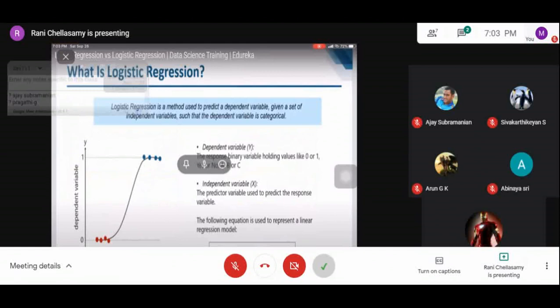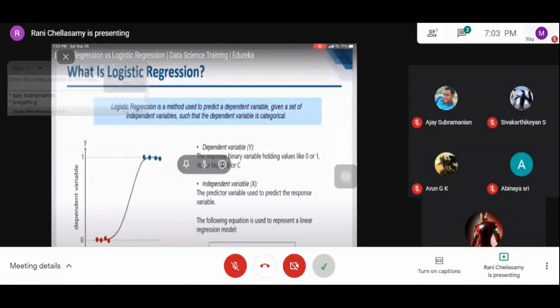For logistic regression, you need the equation for the regression model: log of y divided by 1 minus y equals c plus b1 x1 plus b2 x2 and so on. This is the formula that holds good for logistic regression. So what is the main motive of logistic regression?